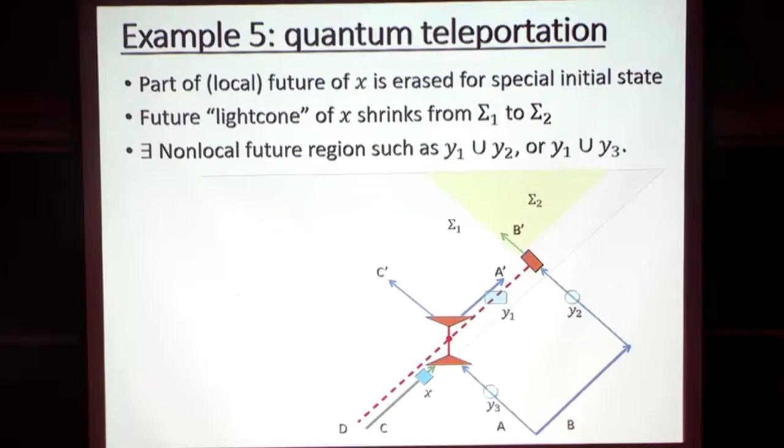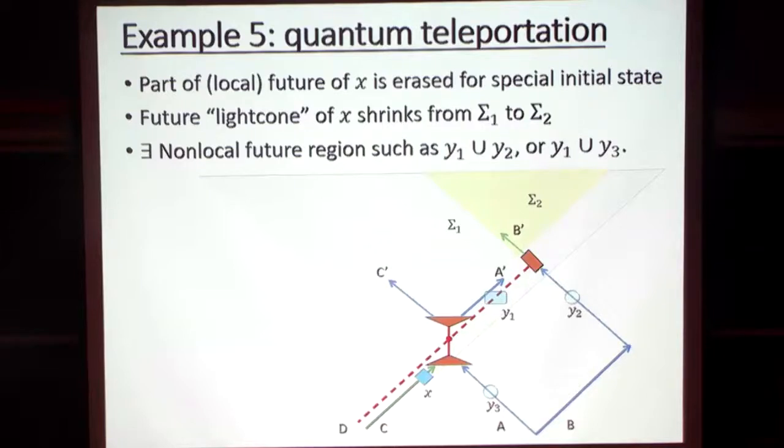But if you prepare a wrong state here, then of course teleportation may fail, and as a consequence, the event X will influence everything in the ordinary light cone. So what happened again is you prepare a special initial state, and as a consequence, you remove some states from the future of some states.